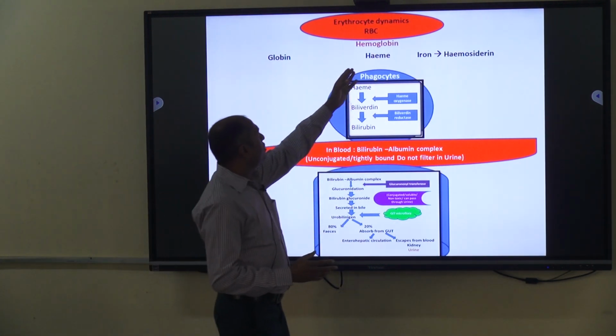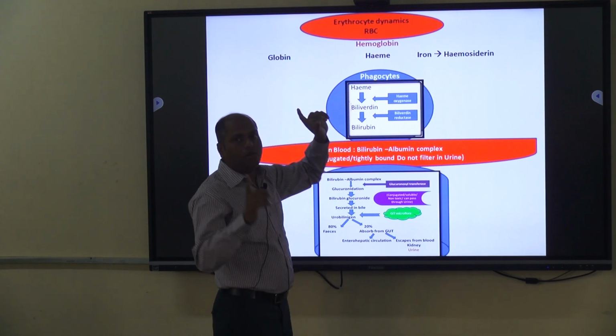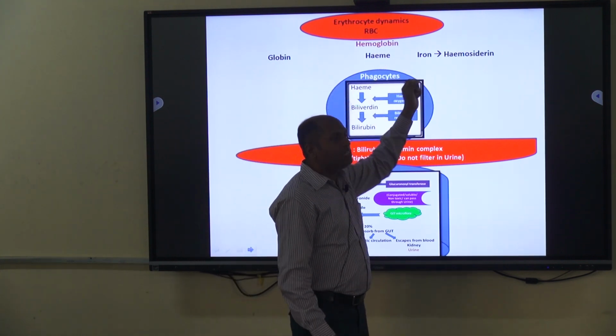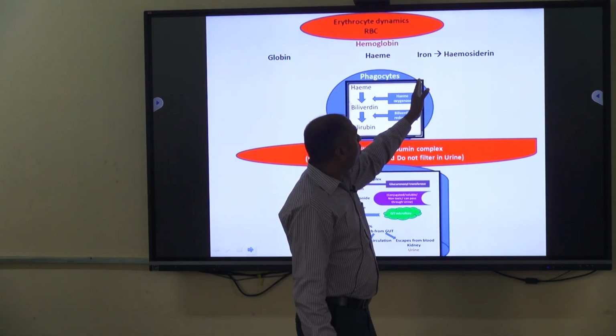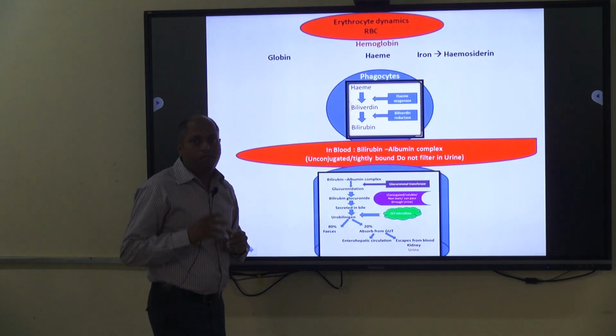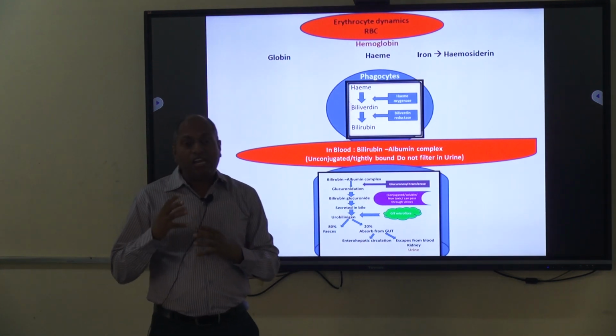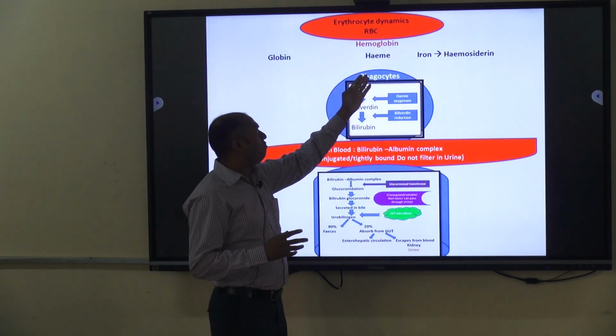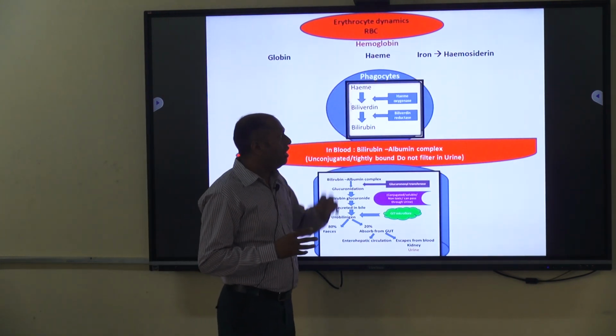After cleavage, we get three types of product. Number one is globin, number two is heme, and third one is iron. Iron is converted into hemosiderin and stored. Globin is a protein and it is reutilized by the liver. The third one, which is the important one in our context, is heme.